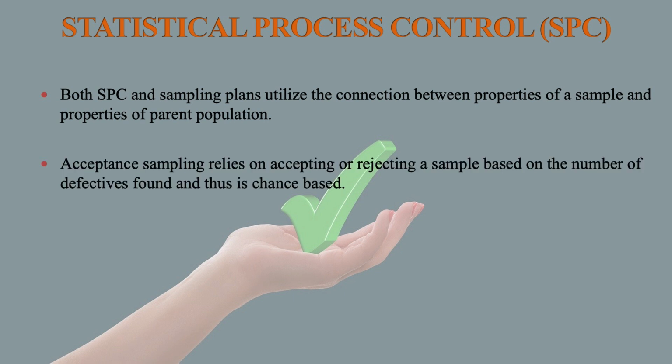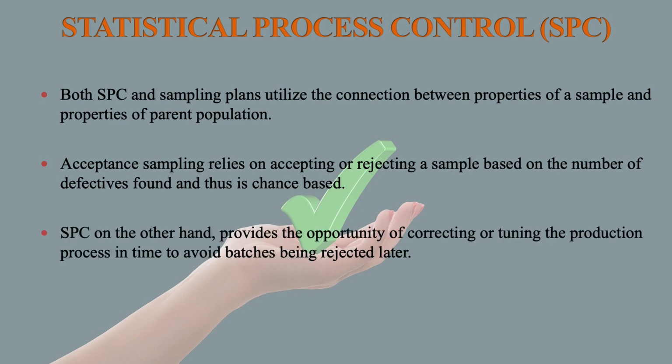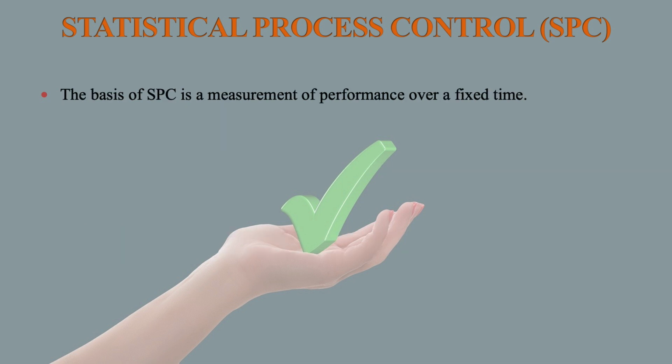Acceptance sampling relies on accepting or rejecting a sample based on the number of defectives found and thus is chance based. SPC, on the other hand, provides the opportunity of correcting or tuning the production process in time to avoid batches being rejected later. The basis of SPC is a measurement of performance over a fixed time.